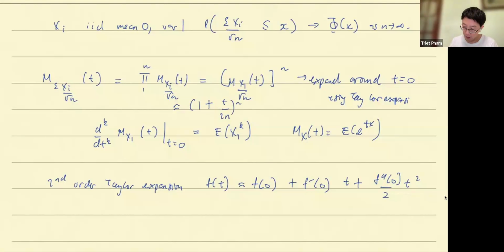But if you check, this will converge to e to t over 2, which is exactly the MGF of a standard normal.